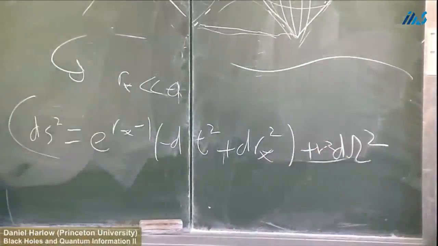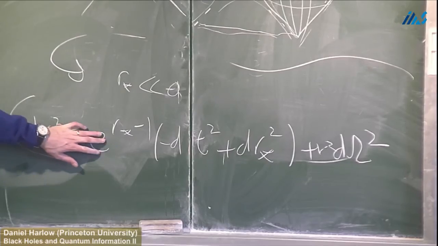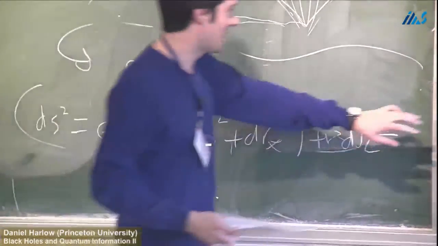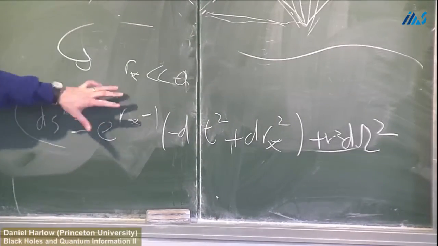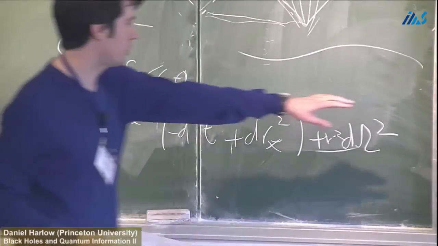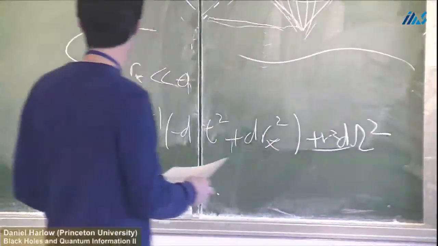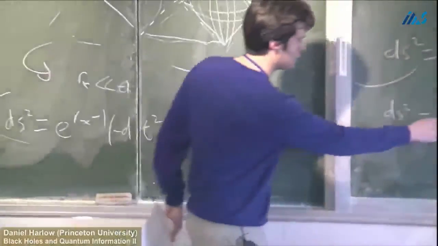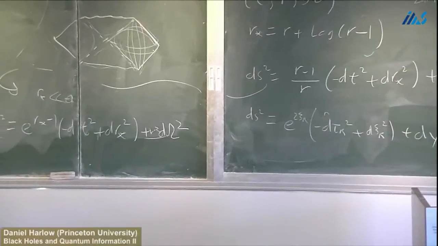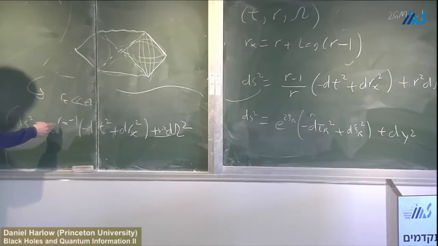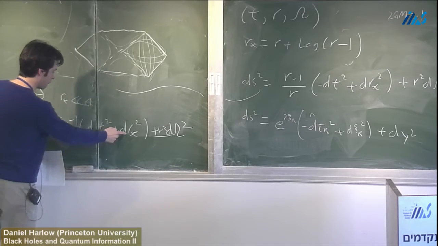And now it's really starting to look right. We've got the exponential here, we've got the exponential there. And it seems pretty clear that if we reshuffle things around a little bit, we can make it look exactly like this. So really the only difference is this 2. To get rid of the 2, we want to define r star equals 2 times something. That puts a 4 here.